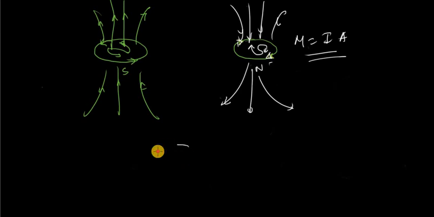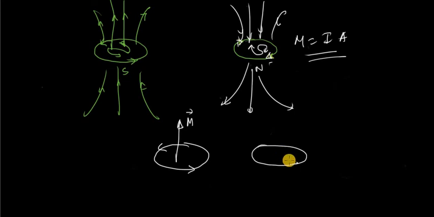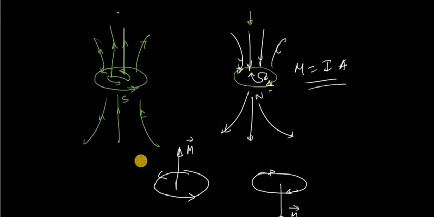When your current is anti-clockwise, the magnetic dipole moment is upward, and when your current is clockwise, the magnetic dipole moment vector is downward. This is one more understanding: when anti-clockwise, this side is the north pole and this side is the south pole, so the magnetic dipole moment is from south to north.